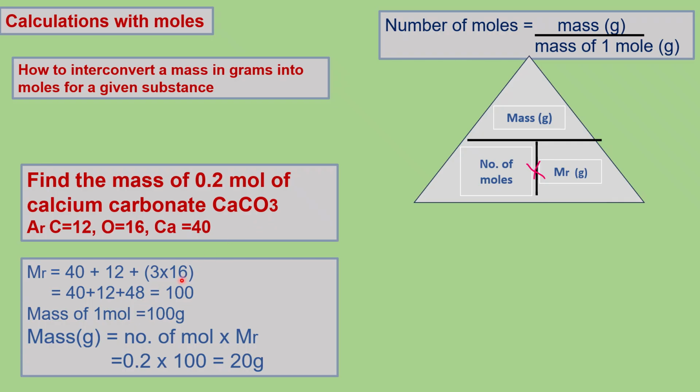You do the multiplication first, then the addition. The answer is 100. The relative formula mass is 100. Therefore, the mass of 1 mole is 100 grams. We need the mass, the number of moles times the relative formula mass, which is 0.2, given here in the example, multiplied times 100, and the answer is 20 grams.